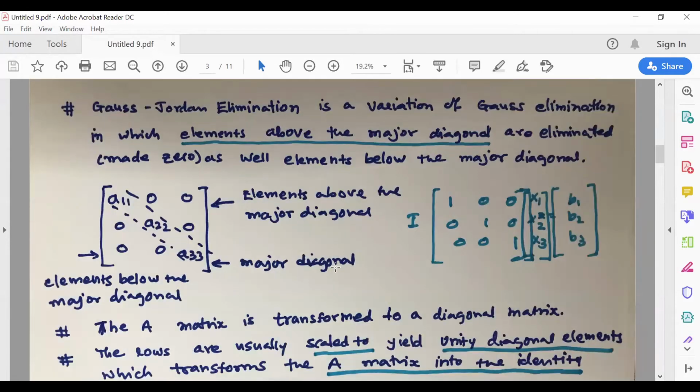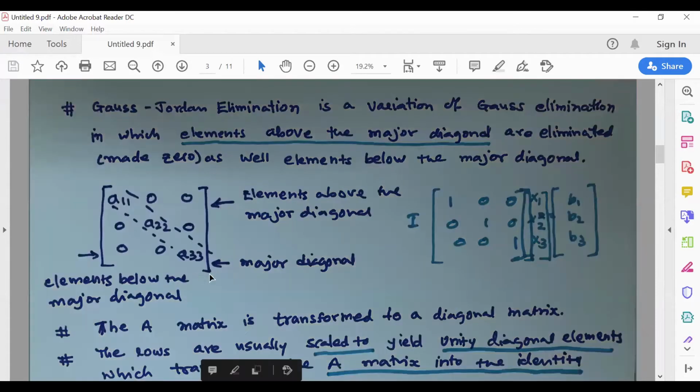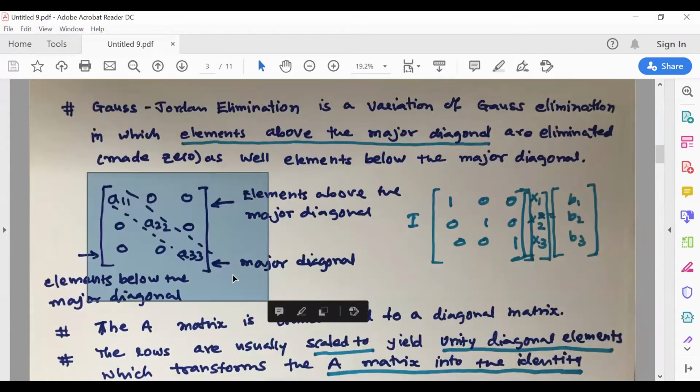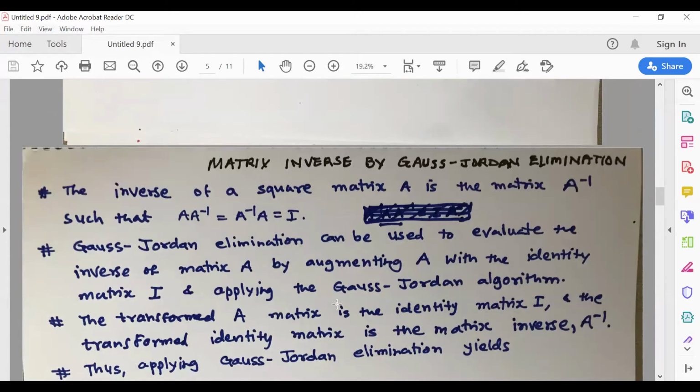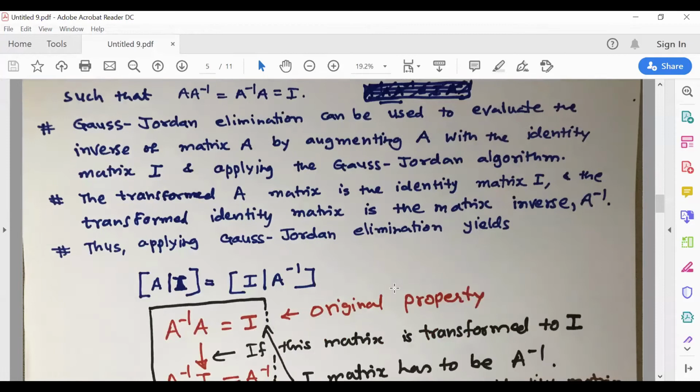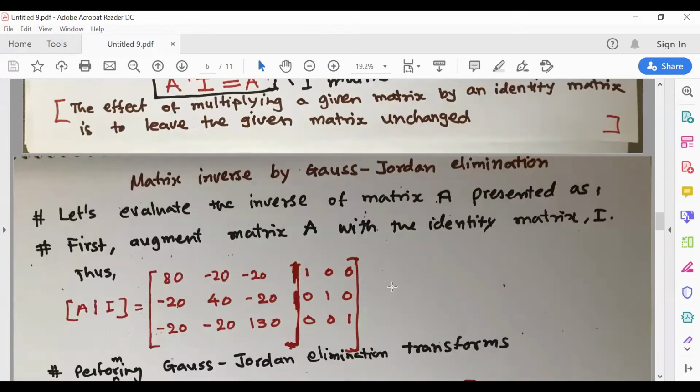But you have seen in our matrix analysis course that inversion is also required in some cases. So if you don't want to solve for x1, x2, x3, you can invert the matrix. That is the reason why it is written.